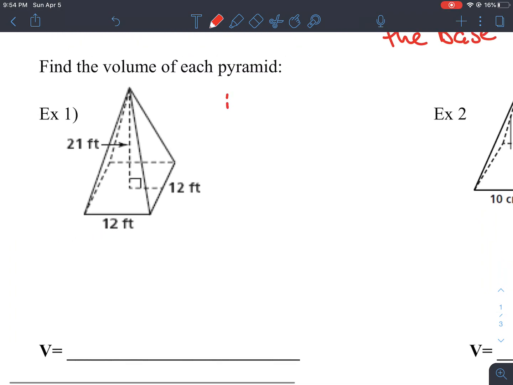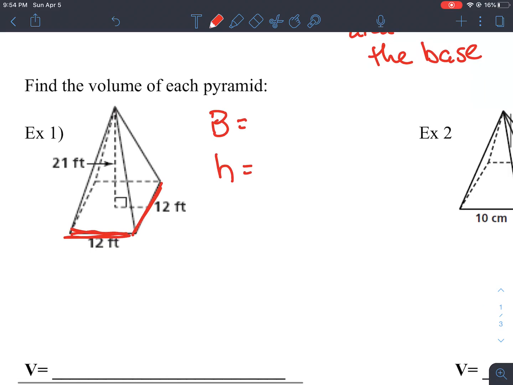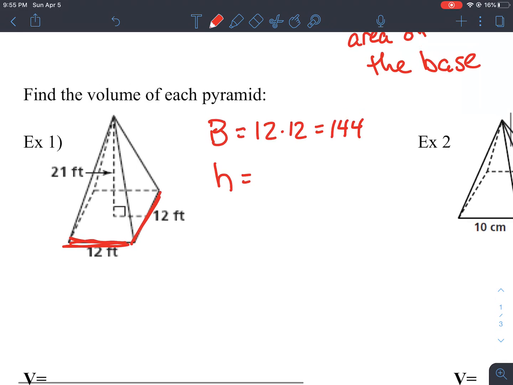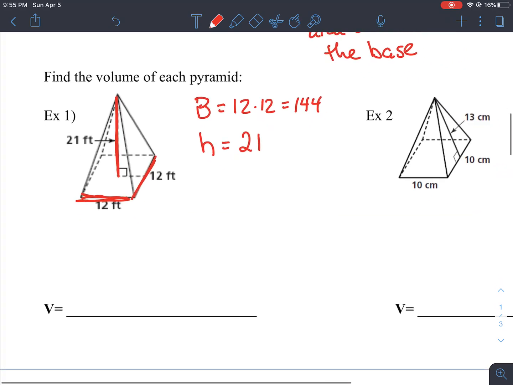The pieces of information we need are the area of the base and the height. When I look at the base, I see that it's 12 across and 12 wide. So 12 times 12 comes out to be 144. The height is always going to be this internal measurement from the vertex straight down to the middle. And we can see that that height is 21.